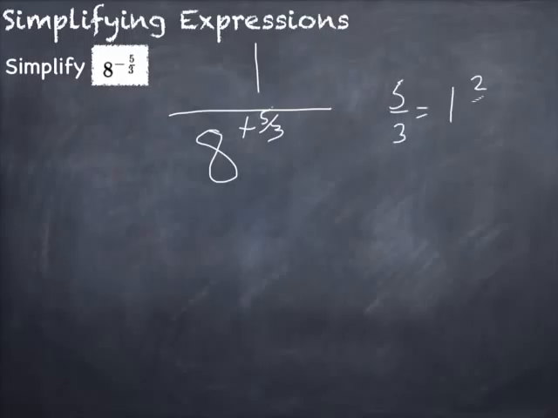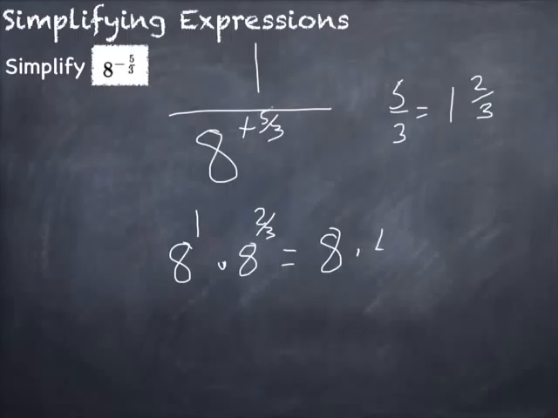It is 1 and 2/3. So now we've got 8 to the 1 and 2/3, which really means that I'm going to take 8 to the 1st and multiply it by 8 to the 2/3. Well, 8 to the 1st is 8. 8 to the 2/3: the cube root of 8, to get rid of the denominator, is 2, and 2 squared is 4.